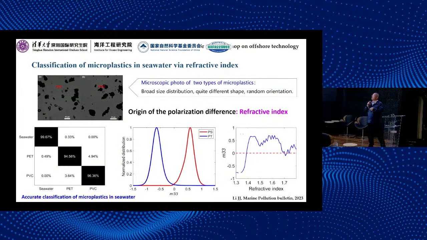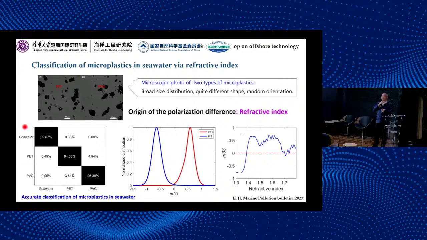Another example is the classification of microplastics, which is a very hot topic. If you just use the image method, these two different kinds of microplastics are hard to discriminate because the shape and size are similar. But if we use our method, the accuracy is very high.